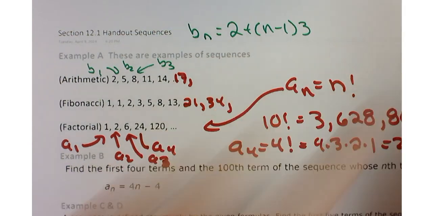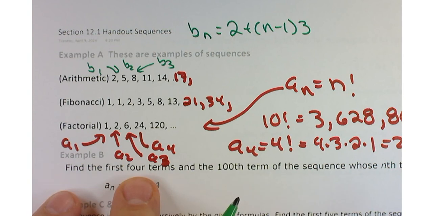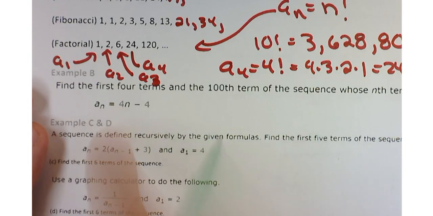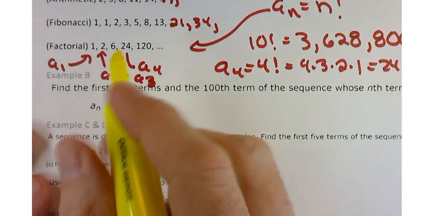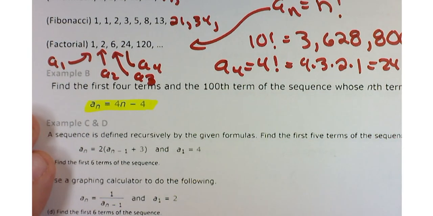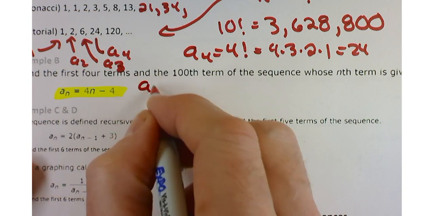Let's see here. Let's take a look at this next one down. So this next one down gives you an expression for the terms of a sequence. So it's a sub n equals 4n minus 4. And let's see if we can find the first few terms of this sequence. For instance, they ask us for a sub 1.